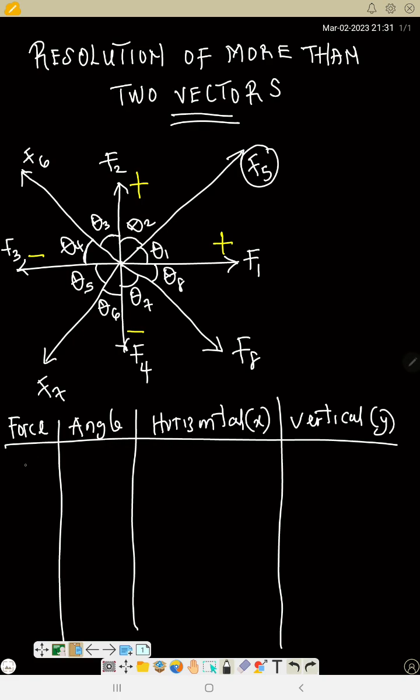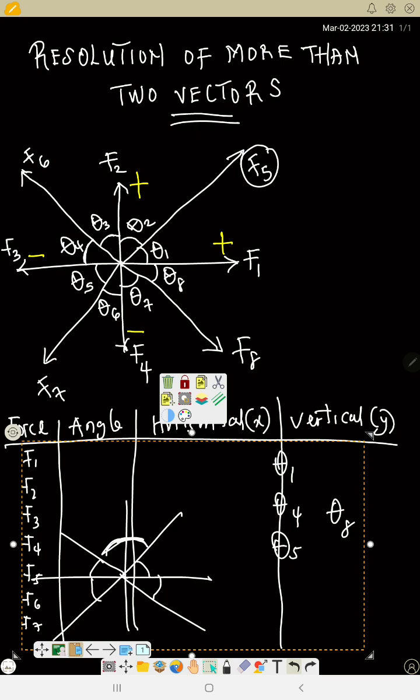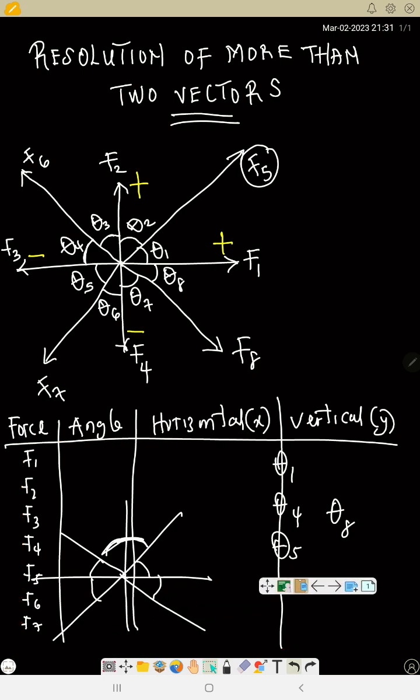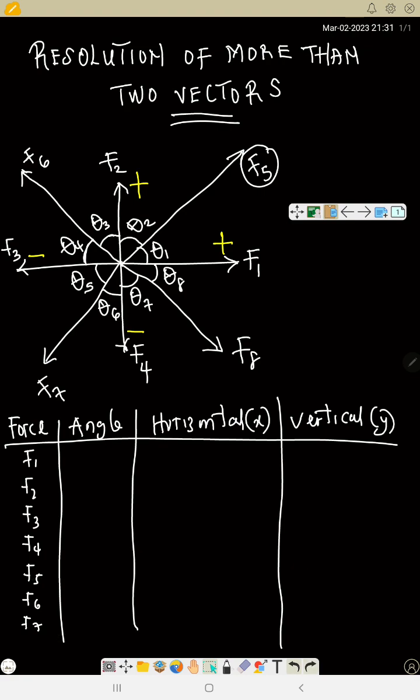The forces you have here are F1, F2, F3, F4, F5, F6, F7, F8. So what I'm doing here is that I list out all these forces, F1 up to F8.